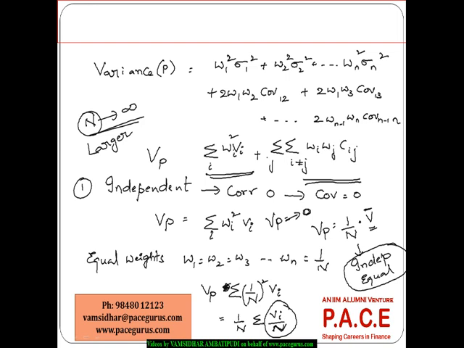If we have independent assets, I can very comfortably take the variance of the portfolio to zero by investing in a large number of securities.